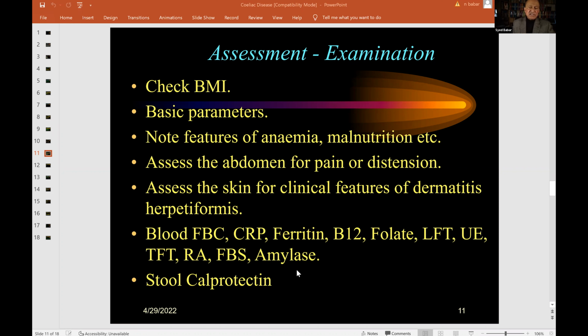If there are features of diarrhea and weight loss with abdominal pains, stool calprotectin needs to be done as well, so that inflammatory bowel disease could be confirmed or excluded.